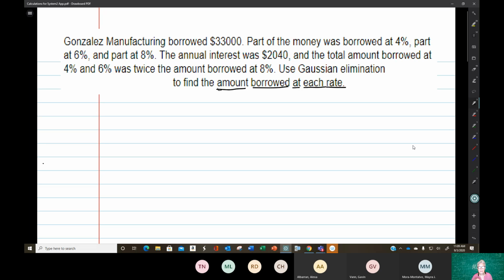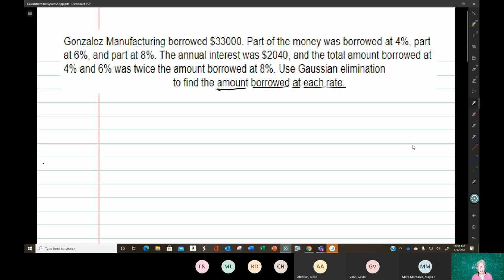That is the amount of interest that was paid on each part. And the total amount borrowed at 4% and 6% was twice the amount borrowed at 8%. Use Gaussian elimination to find the amount borrowed at each rate.